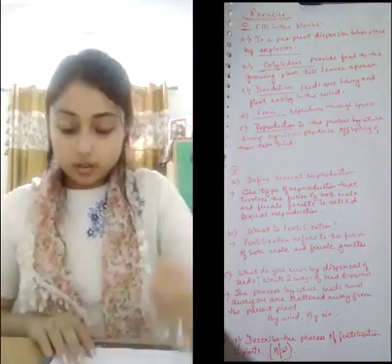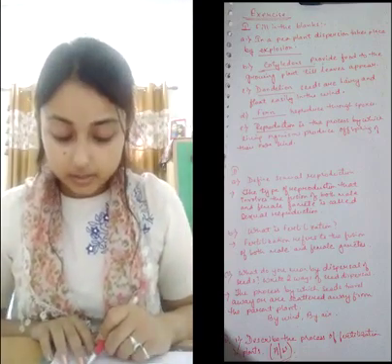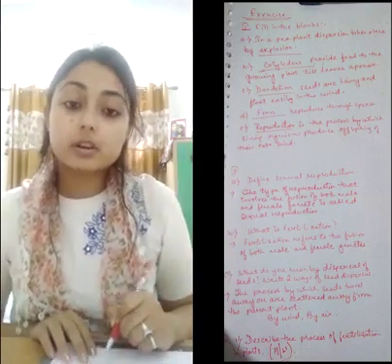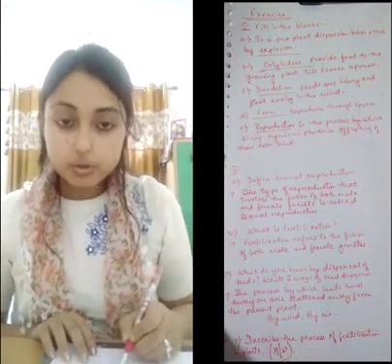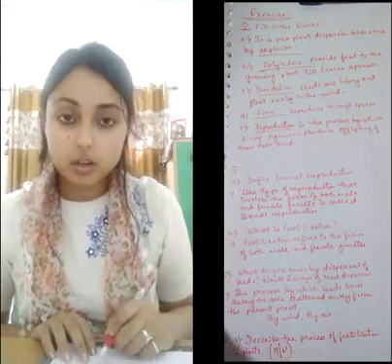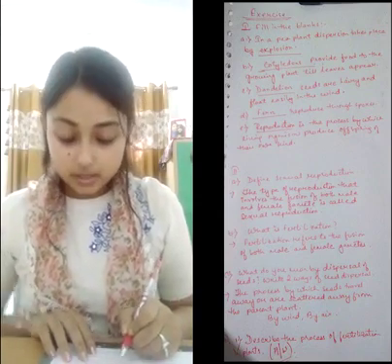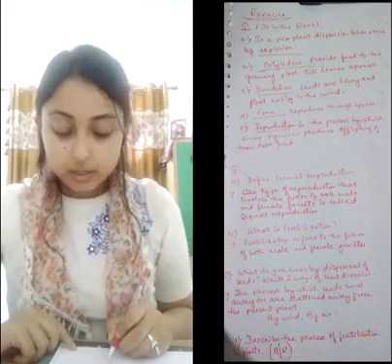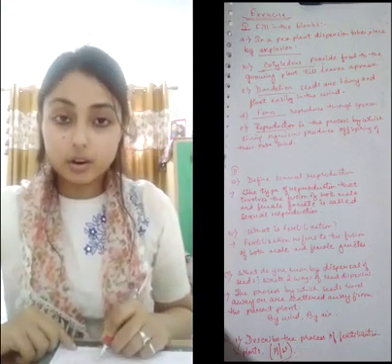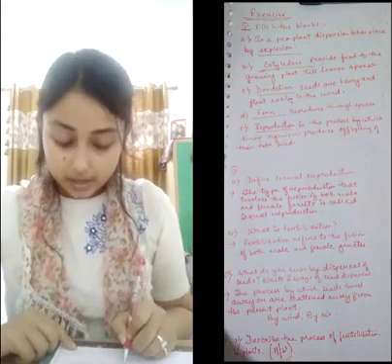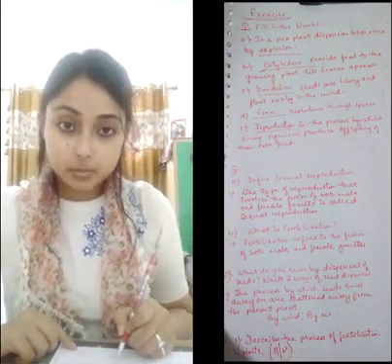Next question. What do you mean by dispersal of seeds? Write 2 ways of seed dispersal. The process by which seeds travel away or are scattered away from the parent plant is called seed dispersal.